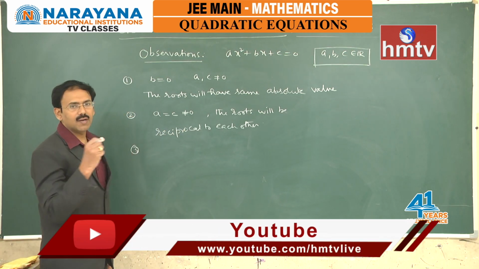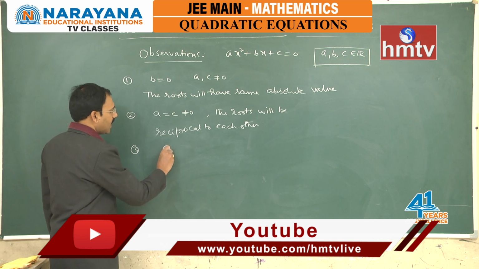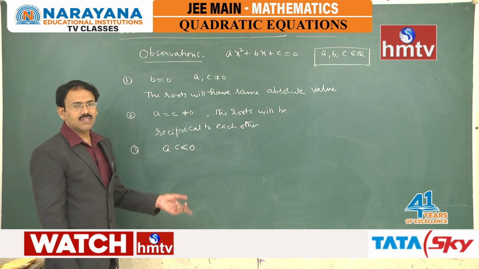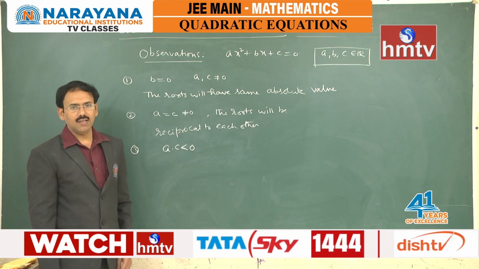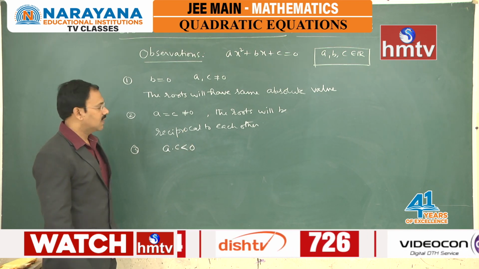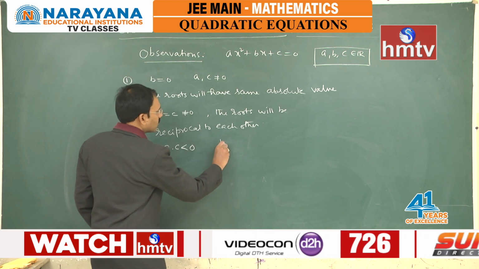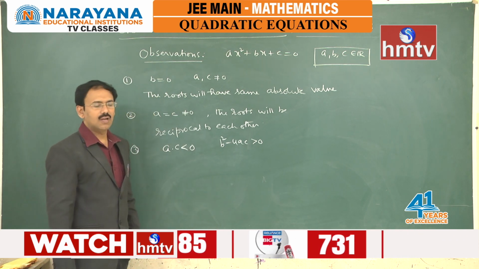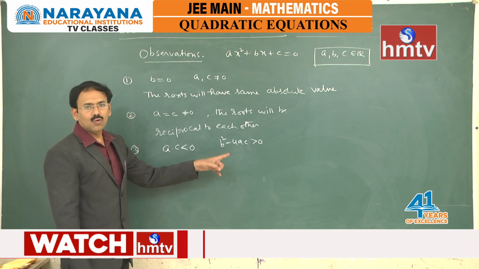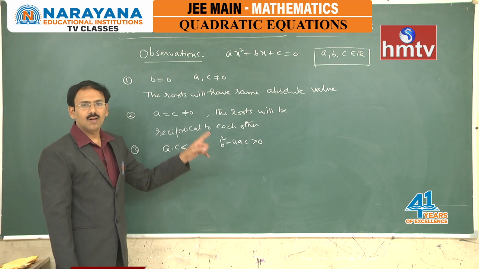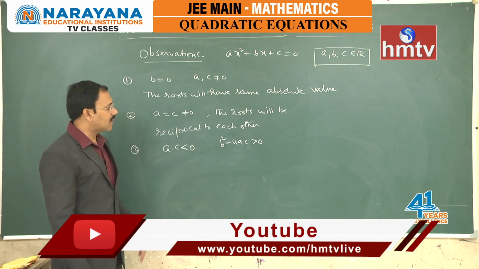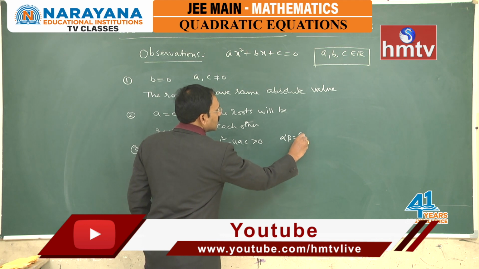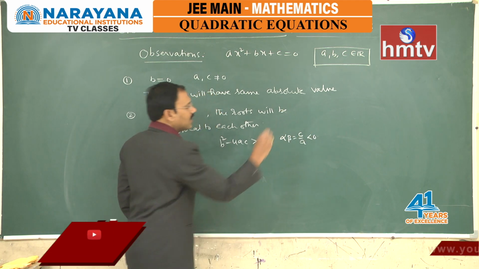Third case: if a and c are such that their product is negative, that means a and c have opposite signs. In this case, b square minus 4ac would definitely be positive and hence both the roots will be real. Not only that, the product of the roots, alpha beta, which is c by a, is also negative.